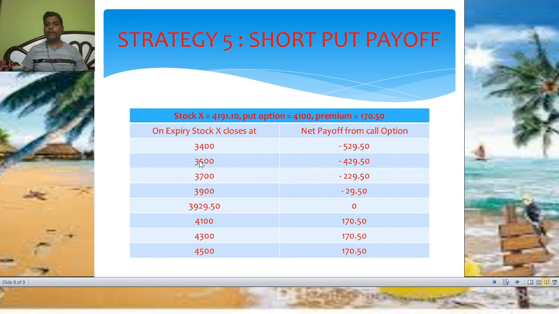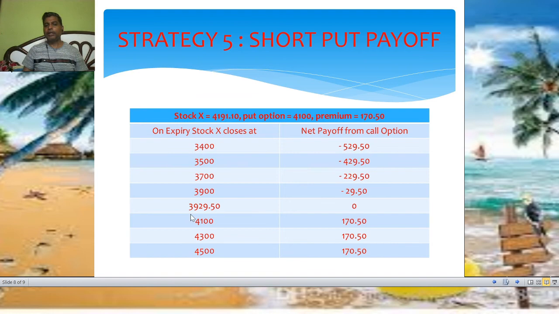If it closes at 3500, the seller will make the loss of 429.50. If it closes at 3700, the seller will have the loss of 229.50. If it closes at 3900, the seller will have the loss of 29.50.